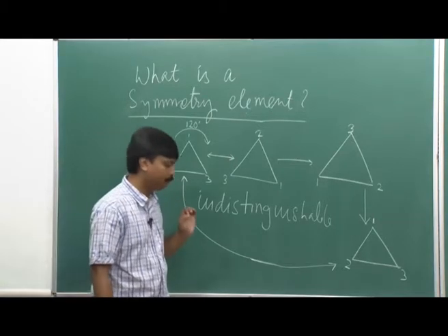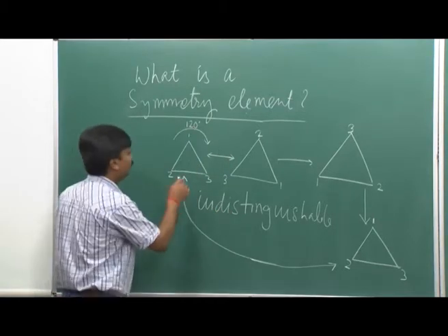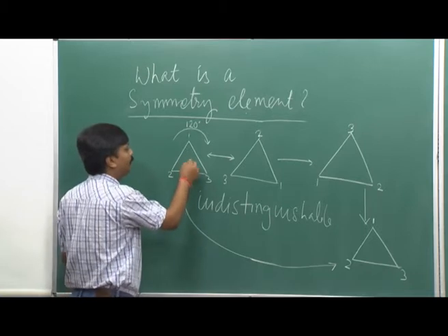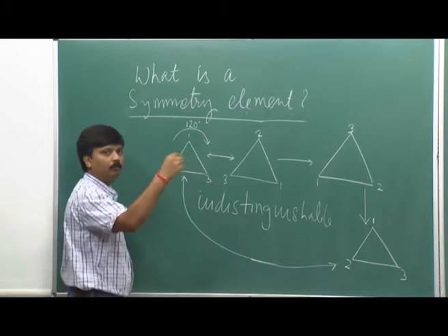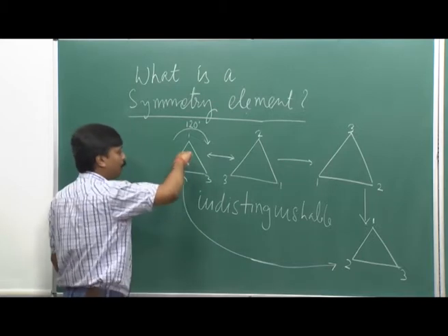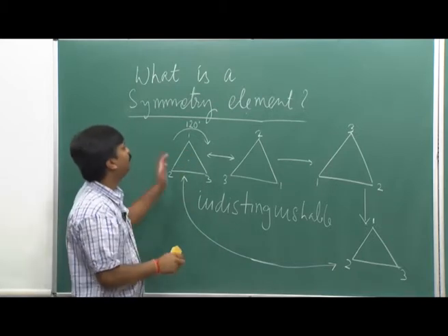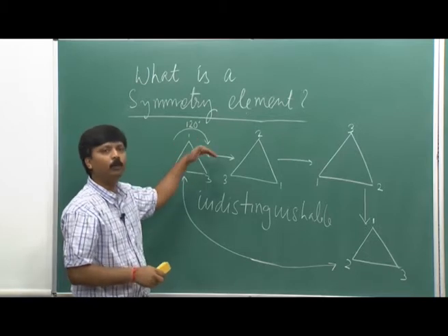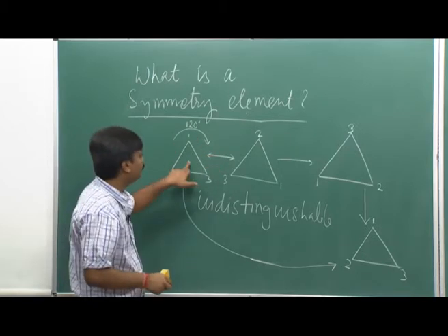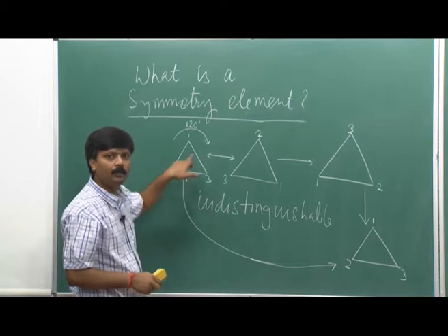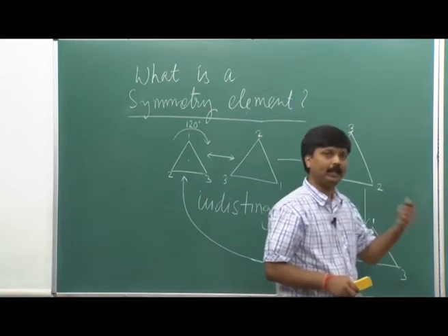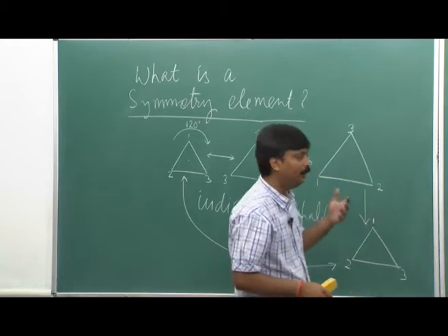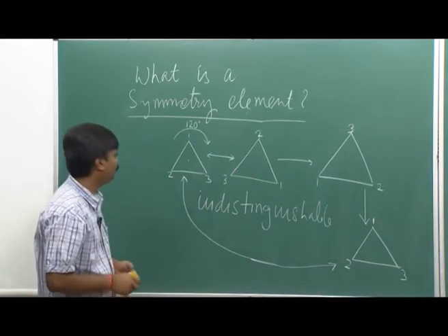So you can figure out that here we were giving a rotation about this axis, the axis which is toward you. So about this axis I am doing a symmetry operation which is called rotation, and this axis is called a symmetry element known as rotational axis. Okay. We will talk about that in detail in the following classes.